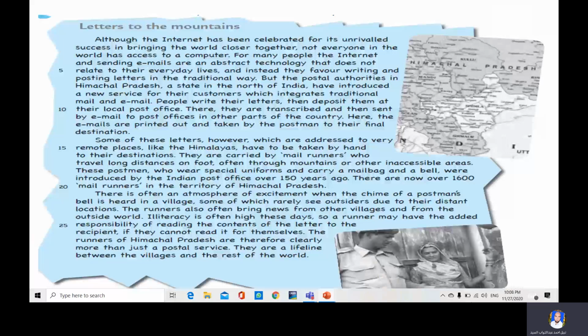How many paragraphs are there? Paragraph 1, paragraph 2, paragraph 3, and how many lines? You've got 26, 27, 28, 29 lines. Please read the article to answer the questions.